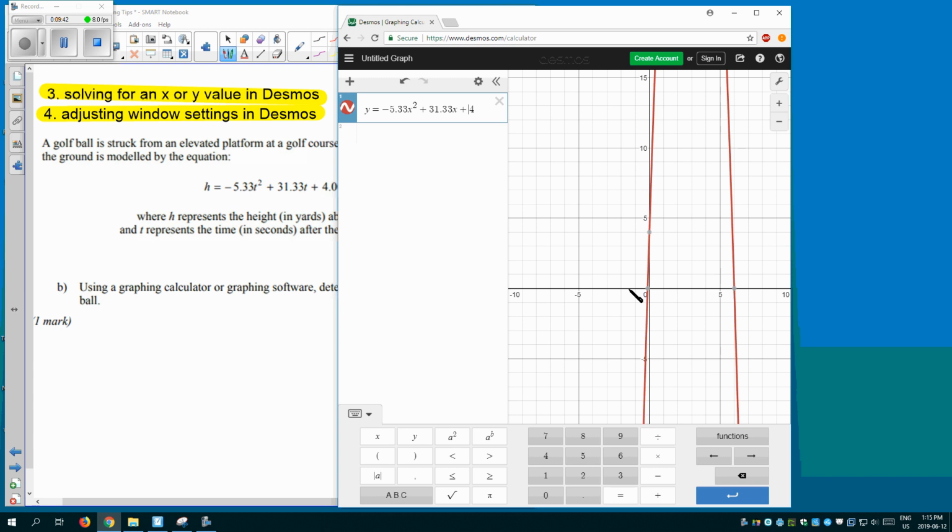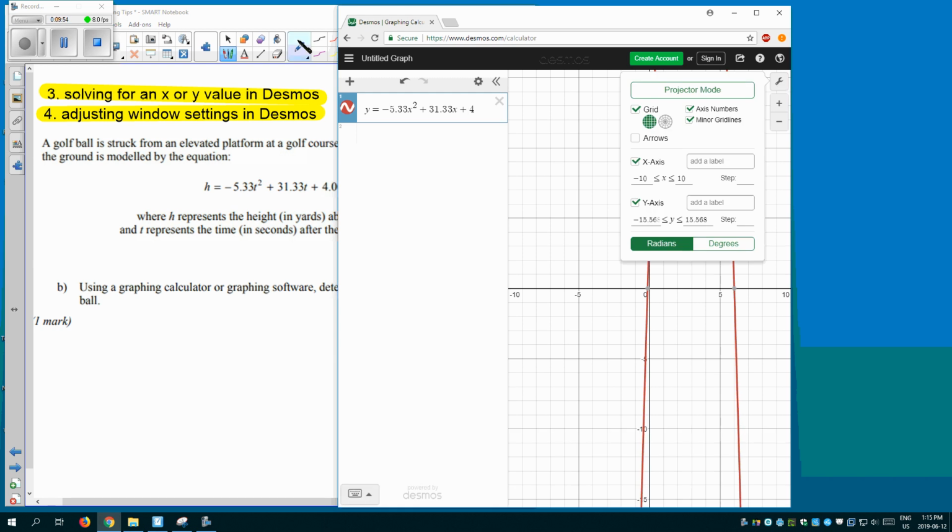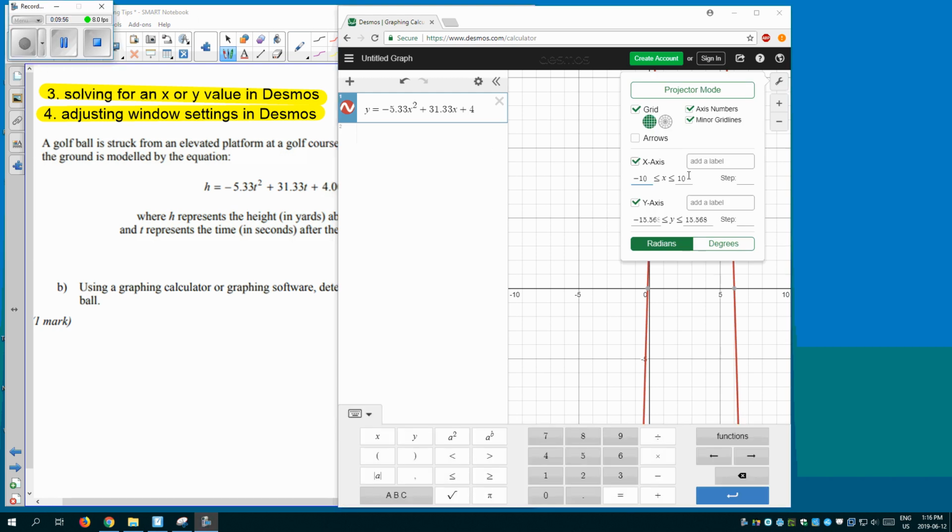I might want to cut off here at the -5 and the 10. On which axis is this? This is the x-axis. Okay, so we go to the graph settings. We just talked about adjusting the x-axis so that the lowest value that we see is -5.